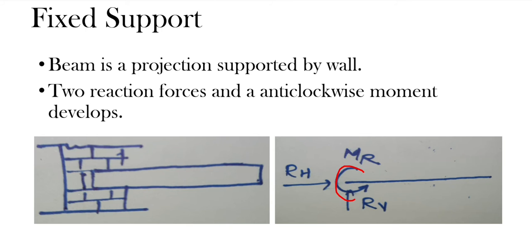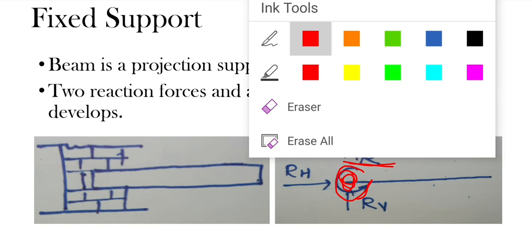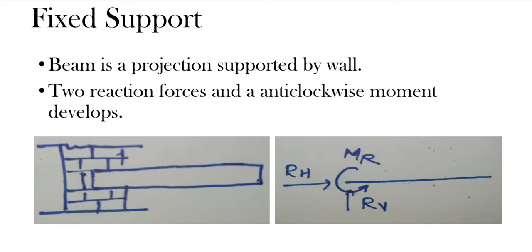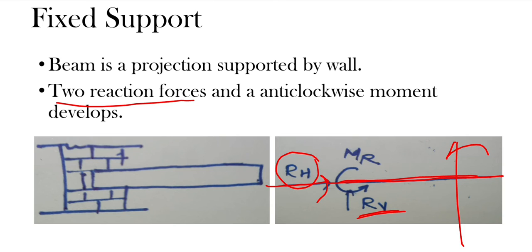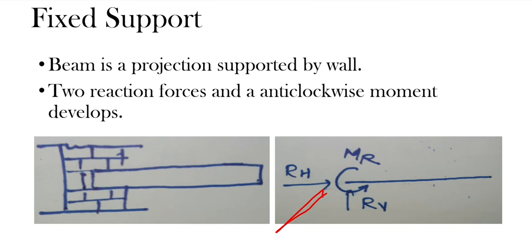See here, a moment MR is created at the starting point of the beam, or at the embedded portion of the wall, and two other reactions are also developed. One is RH in the direction of the beam, and a reaction RV perpendicular to the beam, perpendicularly upwards.